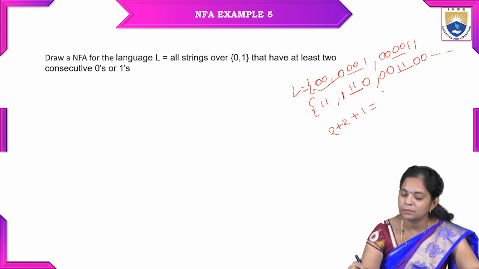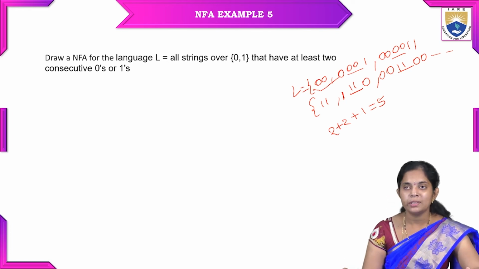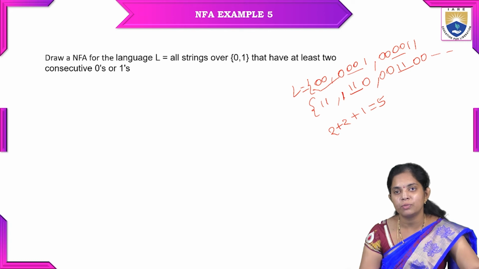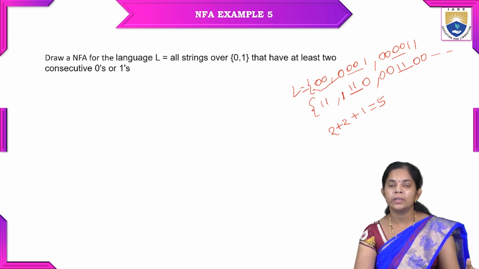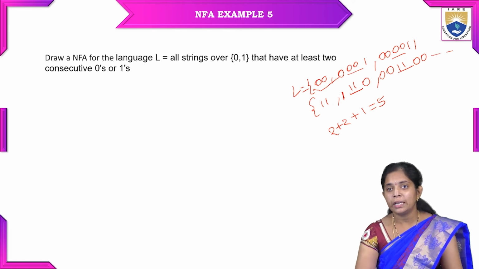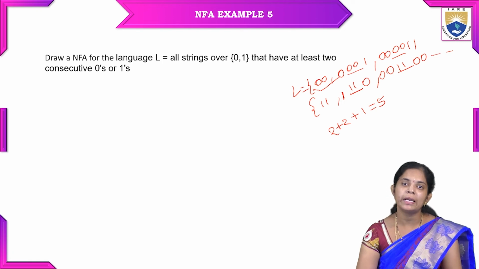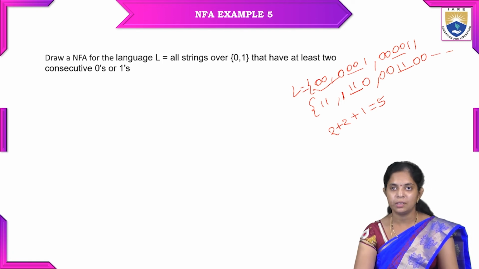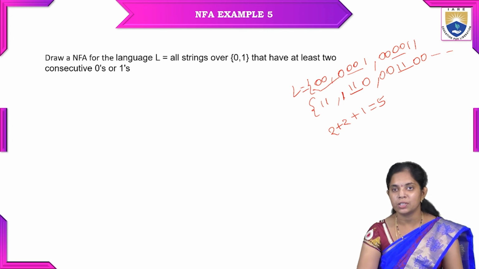We require 5 states for this construction of the NFA. And for this construction, first we start with Q0. The main difference between the NFA and DFA is that from one state we can add multiple transitions on the same input symbol. That is what we have in the NFA construction.